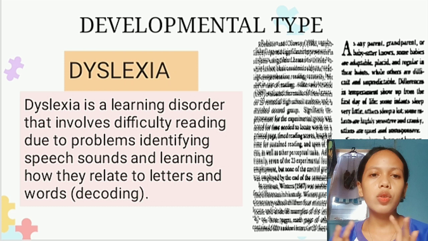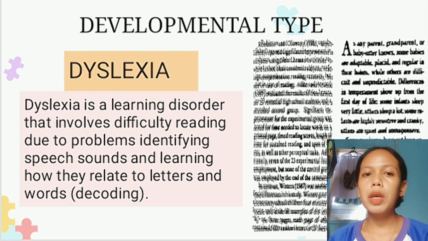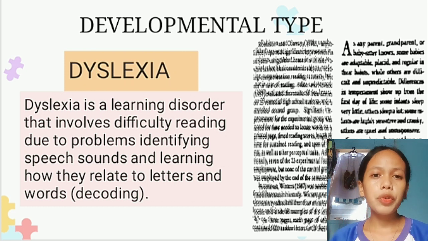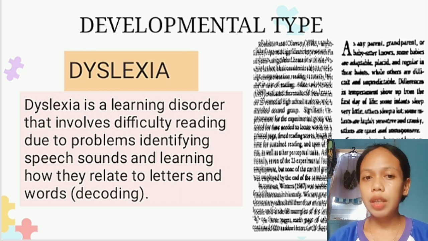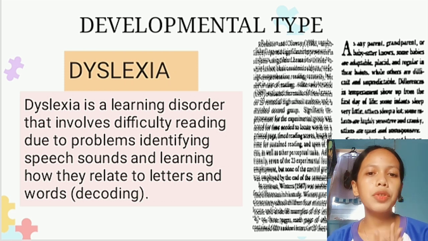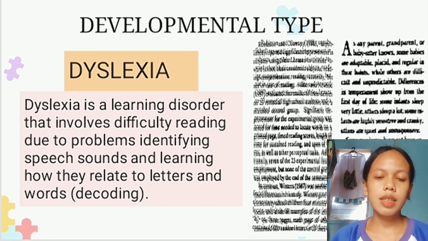Once your child is in school, dyslexia symptoms may become more apparent, including reading well below the expected level for age, problems processing and understanding what is heard, difficulty finding the right word or forming answers to questions, and problems remembering the sequence of things.